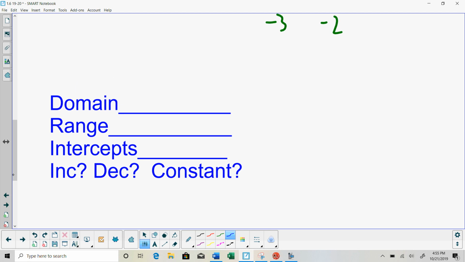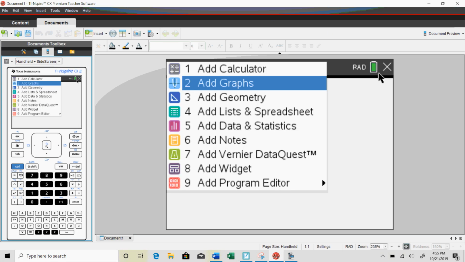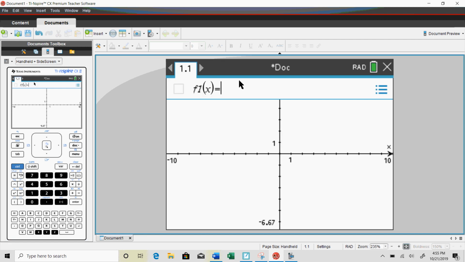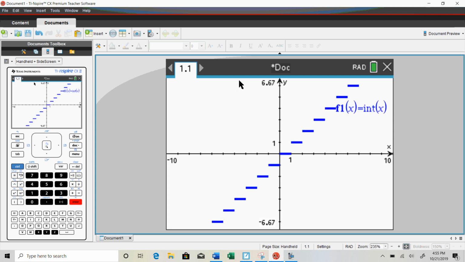All right, let's pause for a second and look at the graph. I'm going to a graphs page, and I am just typing in int. That's the greatest integer function. And let's say I want the greatest integer function just of x. There's my greatest integer function. Let me zoom in a little bit.